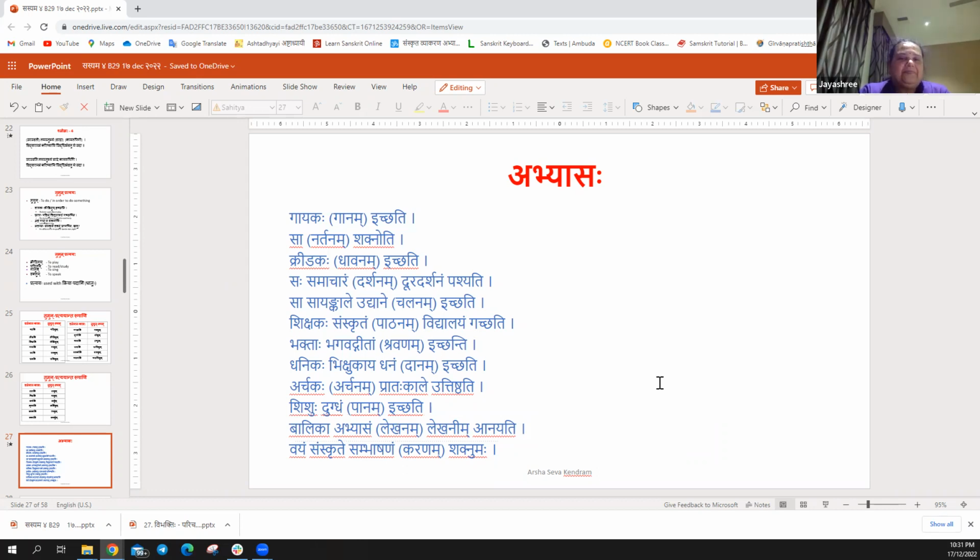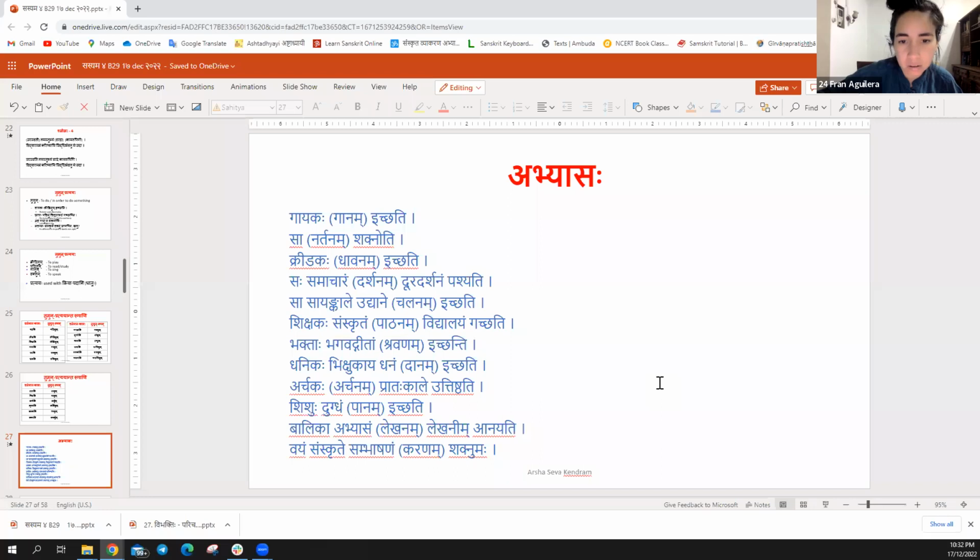Fran Mahodaya. Balika abhyasam lekhanam lekhaniyam. No, lekhanim anayati. Balaka, balika. Balika abhyasam lekhitum lekhanim anayati.